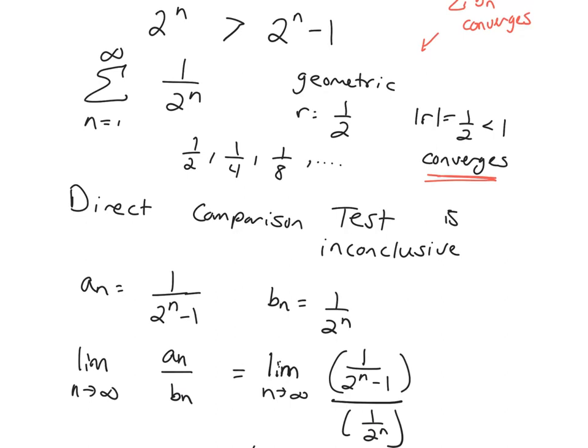So it's still the same kind of initial steps as the direct comparison test. You start with your series, you create a new one, and instead of doing the inequality, figuring out which one is larger, you would just jump to doing a limit.